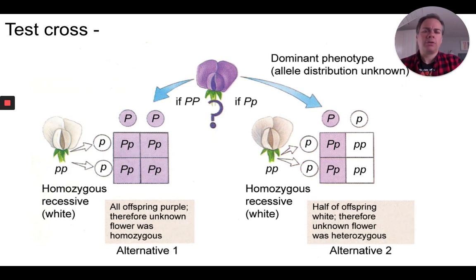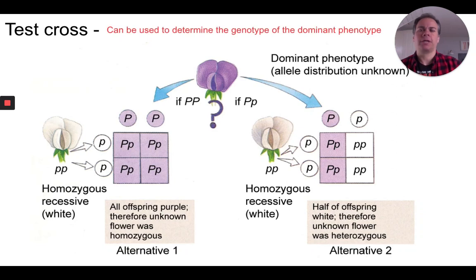The way that Mendel told is by doing what's called a test cross. A test cross can be used to determine the genotype of an organism showing the dominant phenotype. What you do in a test cross is you cross this dominant phenotype plant with a recessive plant or organism.